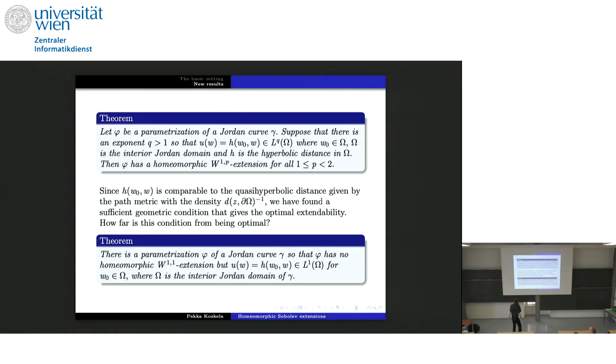Okay, there are many related questions that one could ask, and I only talk about one direction, trying to extend phi. What about extending phi inverse? What about extending both sides at the same time? Can you cook up an extension which has a nice distortion once you put enough geometry on the domain?